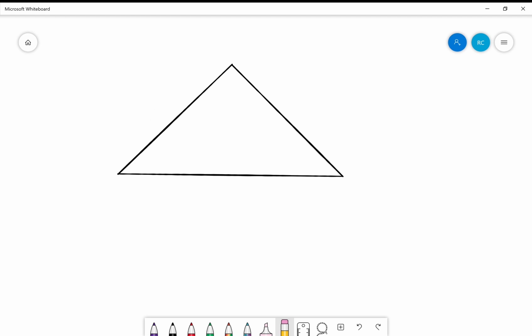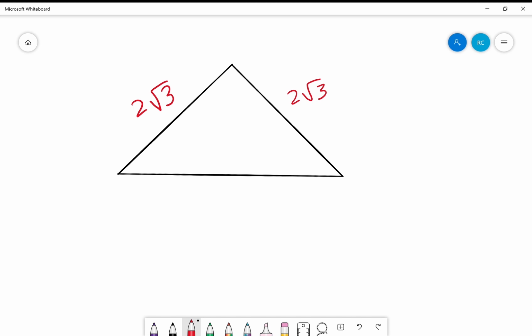Here's a tricky one. What if I call this 2 times the square root of 3? Okay? Well, the other side, the other leg, should be 2 times the square root of 3, right?